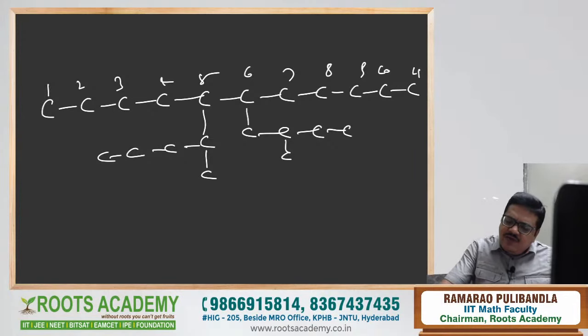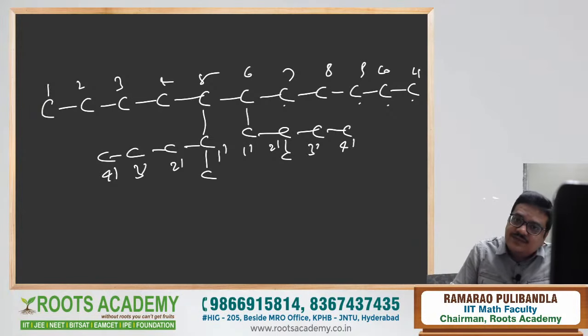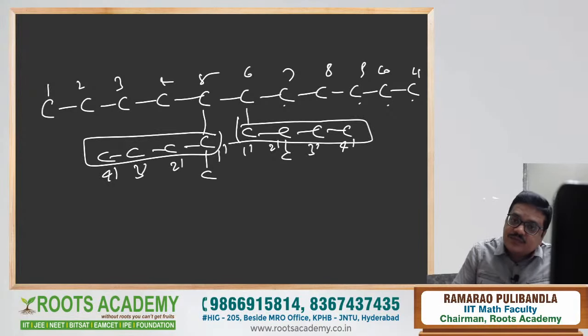So 1, 2, 3, 4, 5, 6 comma 7. Now here 1 dash, 2 dash, 3 dash, 4 dash. Which one should we write first? This is butyl. It is also butyl. This is 1 dash butyl, 2 dash butyl.